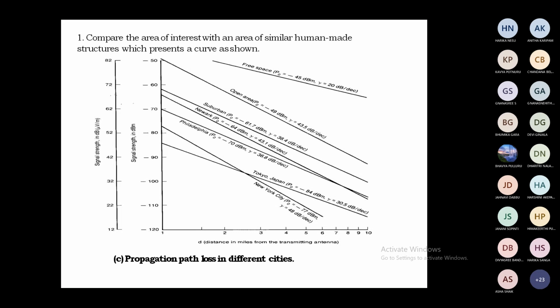Likewise, in open area, suburban area, New York City, Tokyo, and other cities, they show how much signal strength and how much signal loss. But finally, whenever the distance increases, the signal strength decreases.